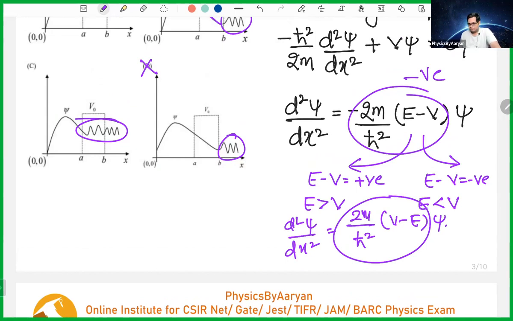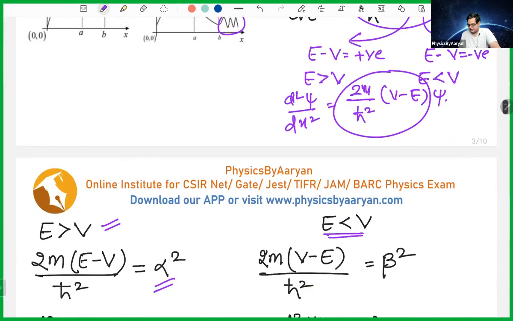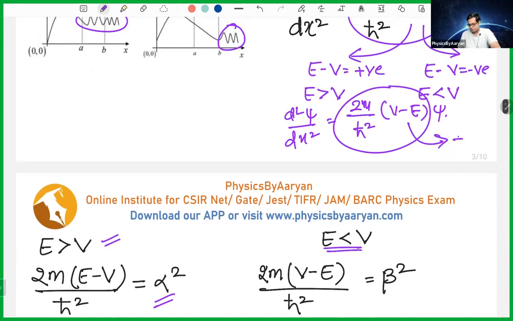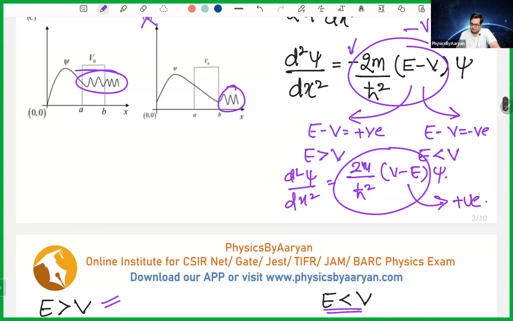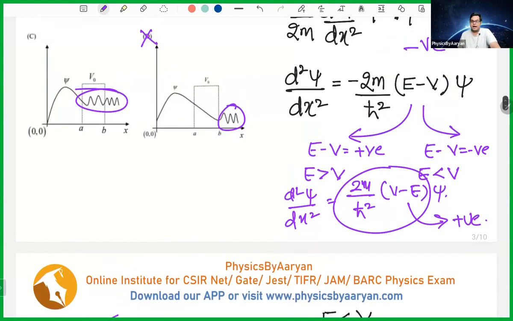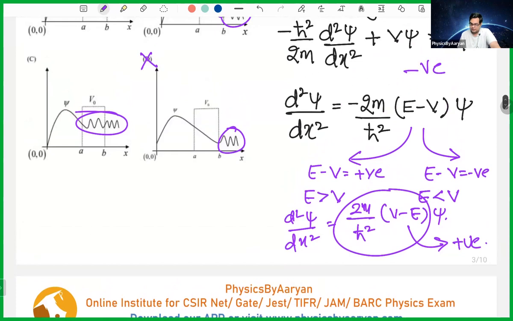Because I'm assuming in the second case that V is greater than E, or E is less than V, so now this is positive. That is why I take a negative sign common here. Otherwise I might think that this thing is negative, but you see what is happening. If V is greater than E, then overall this thing itself is negative, but I cannot see that from my eyes.